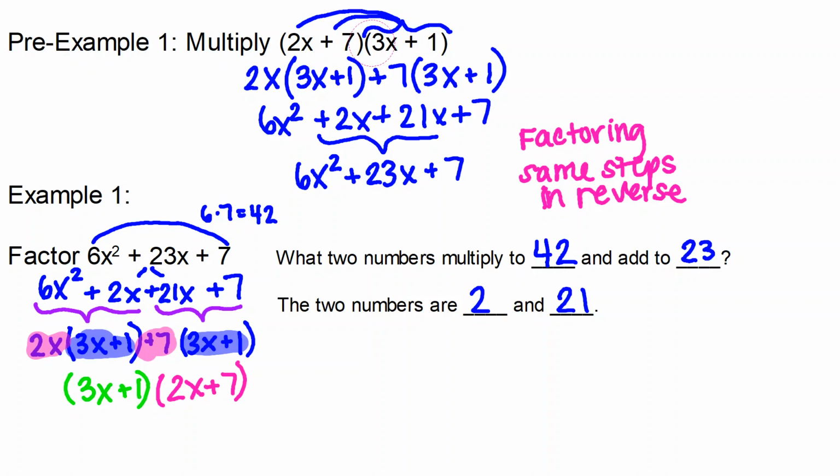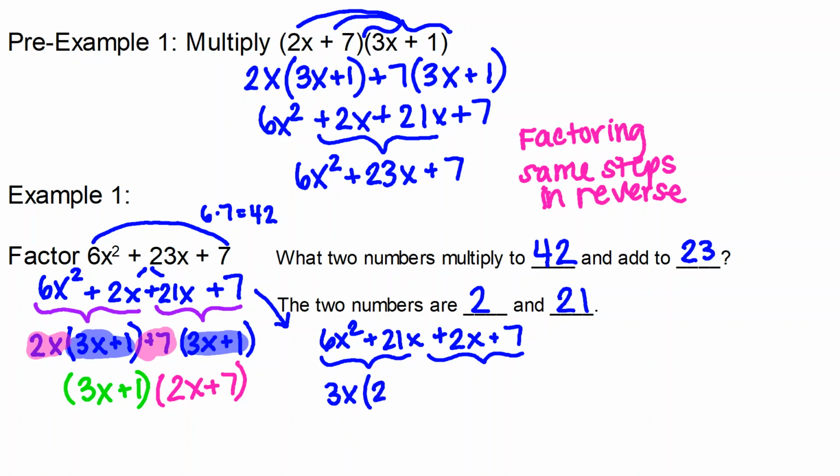Okay, so just to show you what would happen if I reverse my order here, I'm going to take that step, and I'm going to do 6x squared plus 21x plus 2x plus 7. So reversing the order of those 2 middle terms to prove either way works. In this case, when I group them up into 2's, I would pull out a 3x, which would leave me with 2x plus 7.